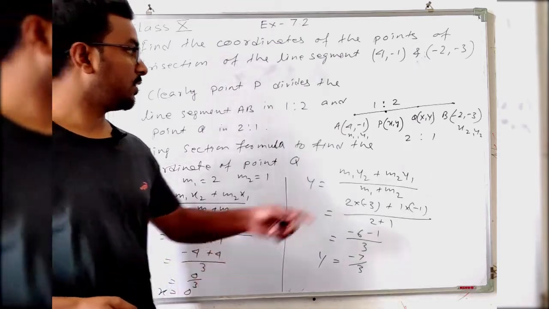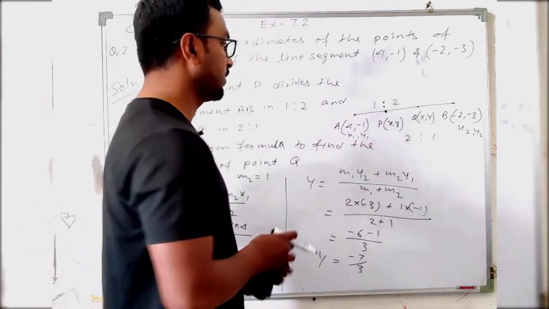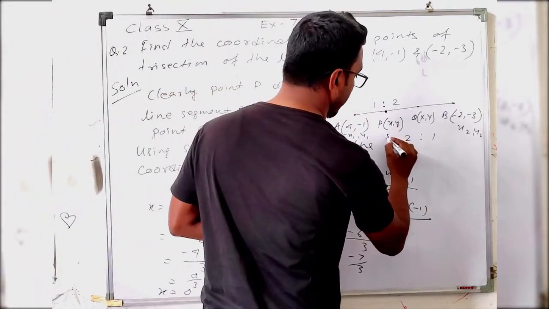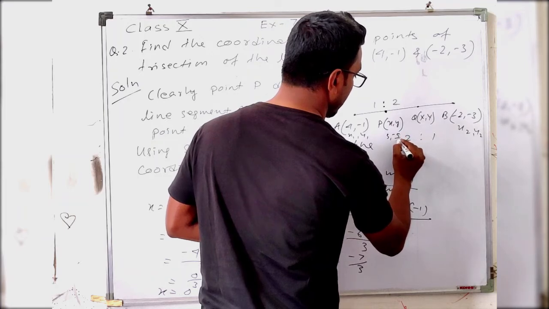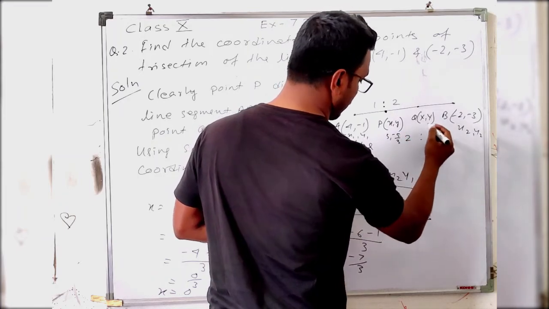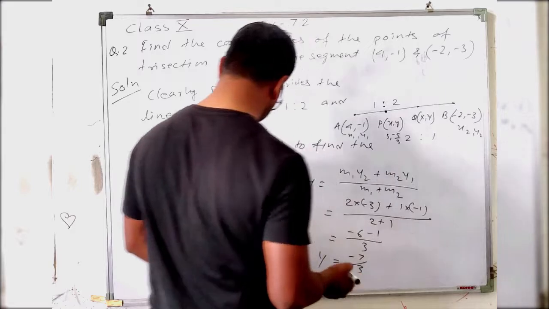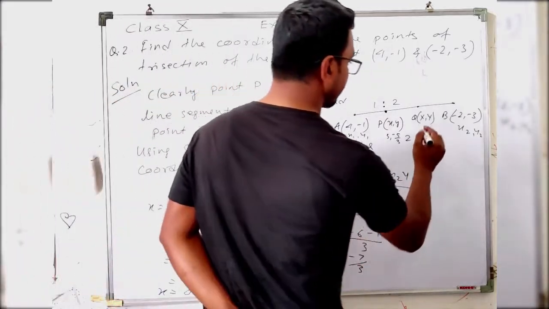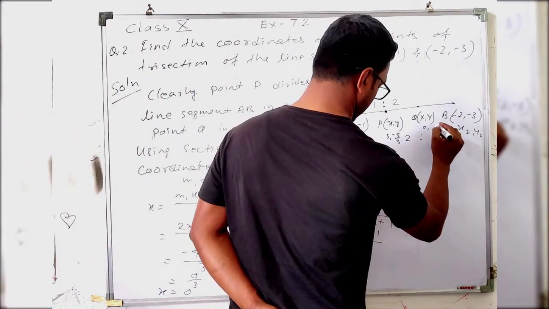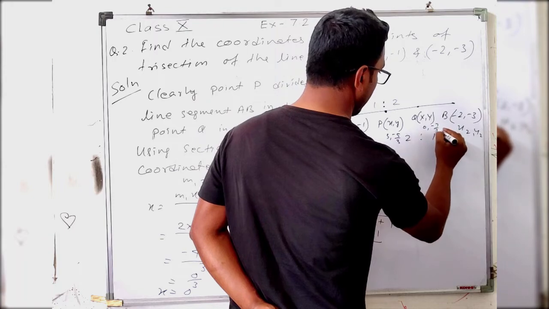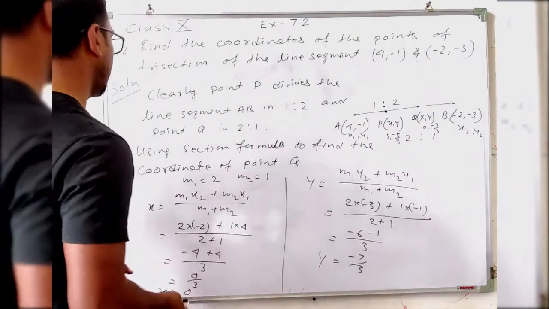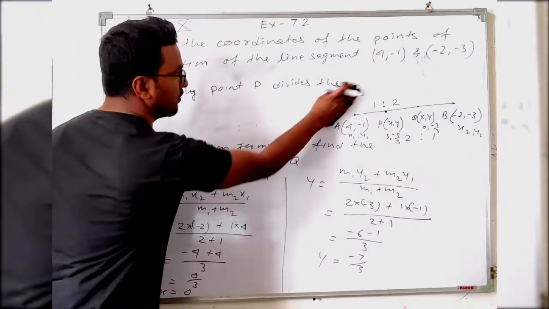So now we got the coordinates. Before, what we got? This one 2 and minus 5 by 3, and this one we got 0 and minus 7 by 3. Okay, so we'll write at last.